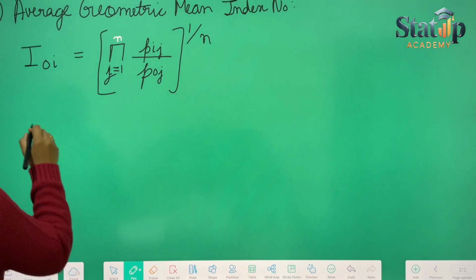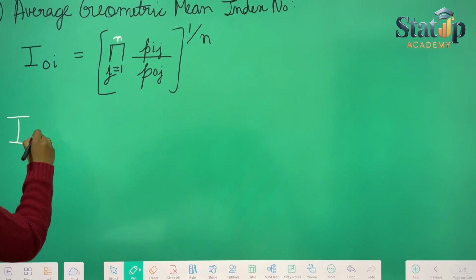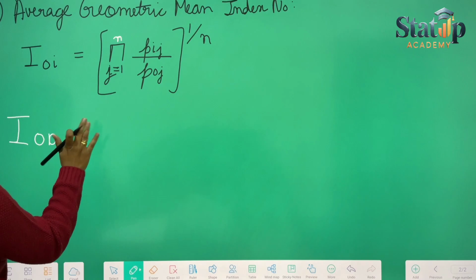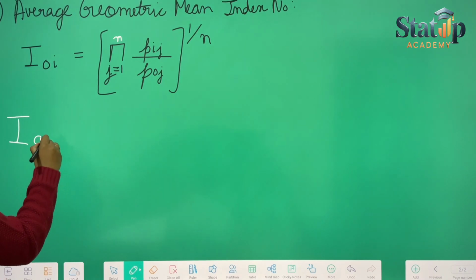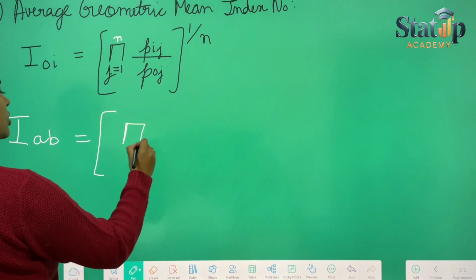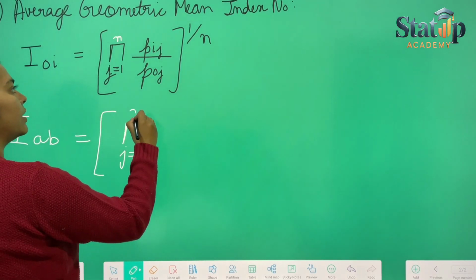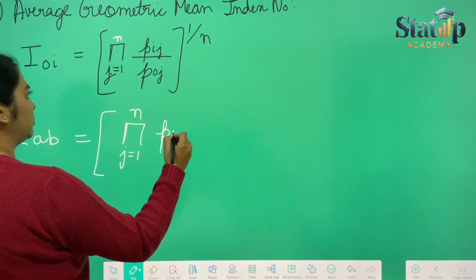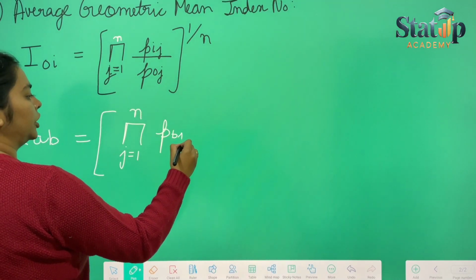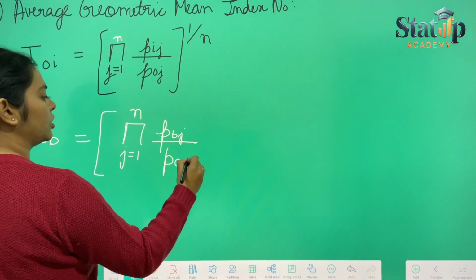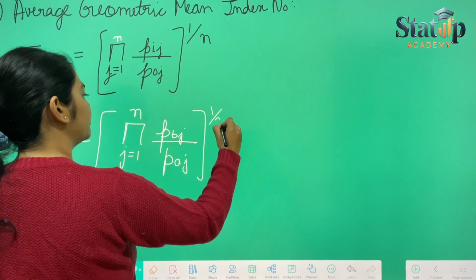So if we take IAB in place of this, we will get product of j goes from 1 to n, PBJ upon PAJ raised to the power 1 by n.